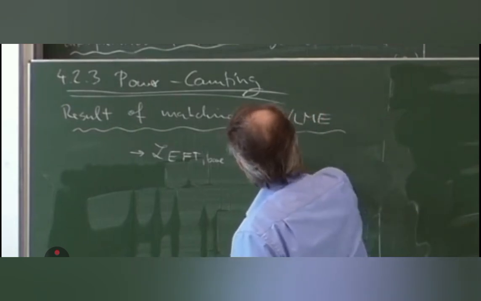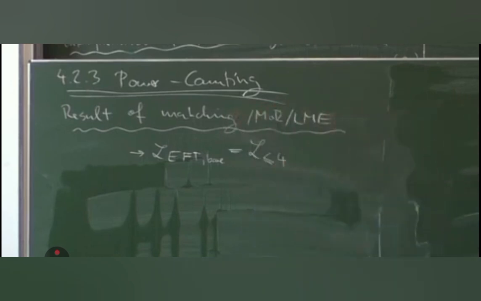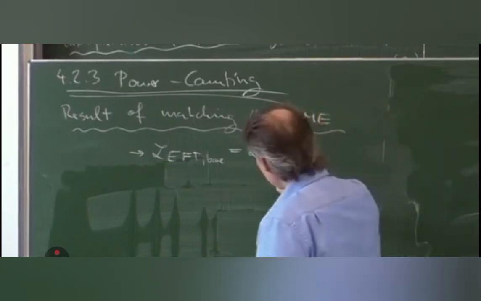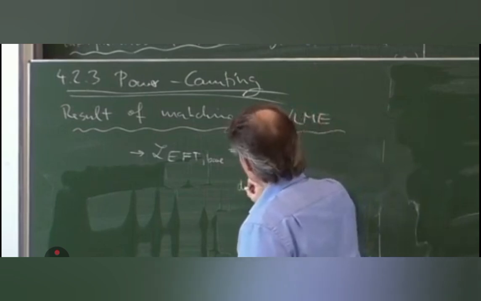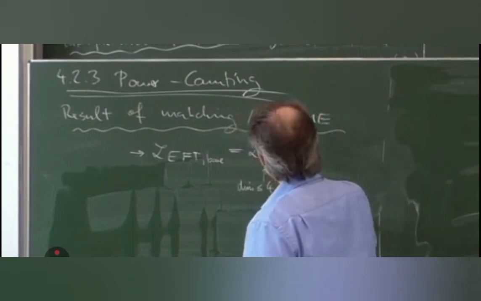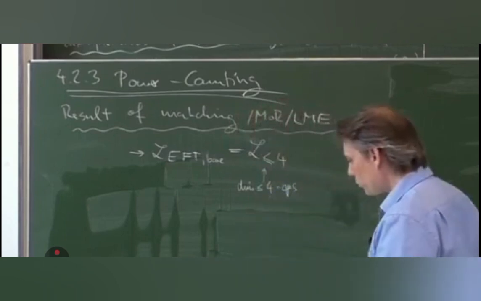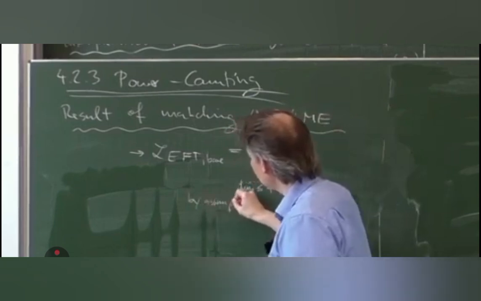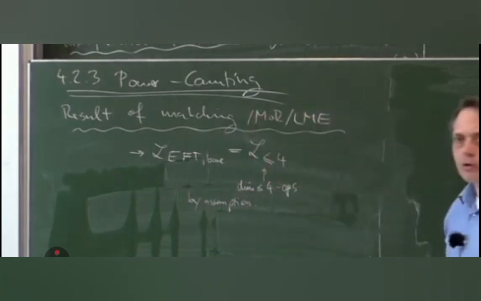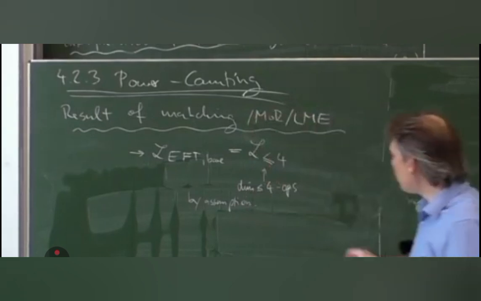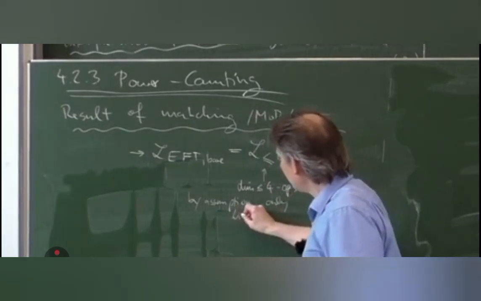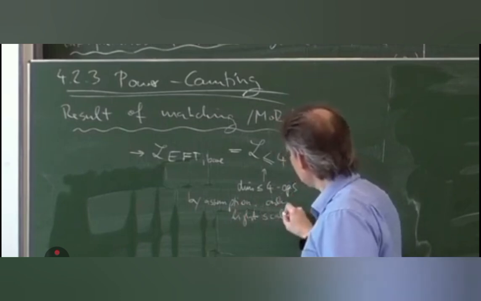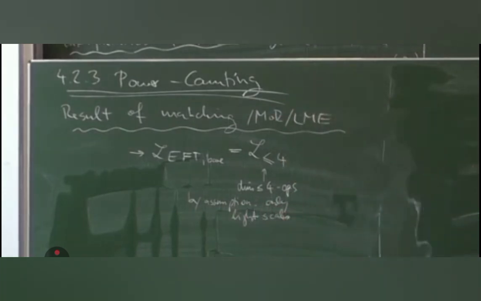So we have one part of the Lagrangian which contains only operators of dimension 4 or less, and by assumption in this part of the Lagrangian there appear only light physical scales. That is the assumption that we have integrated out the heavy particles, and therefore in this part of the Lagrangian there are no heavy scales.